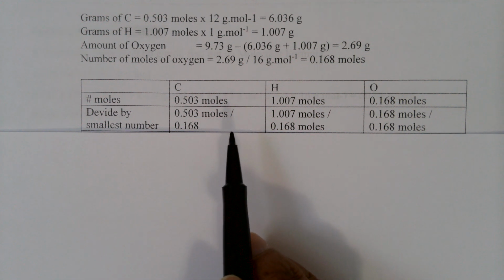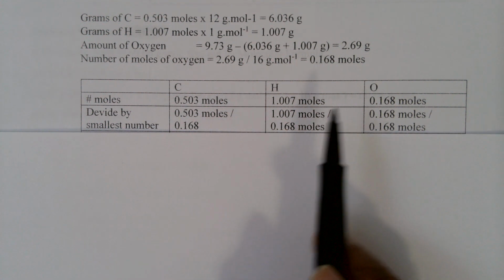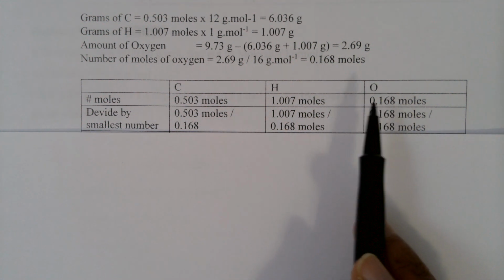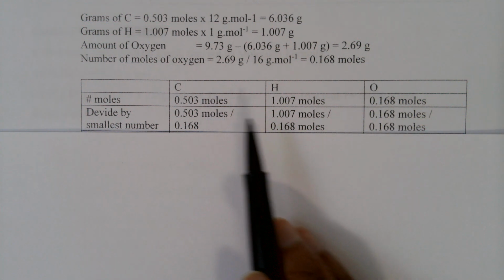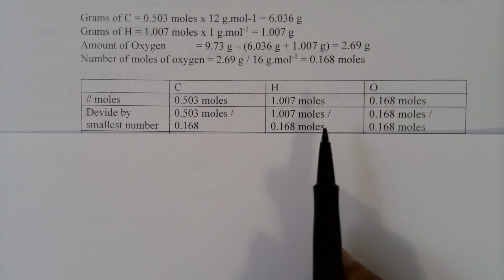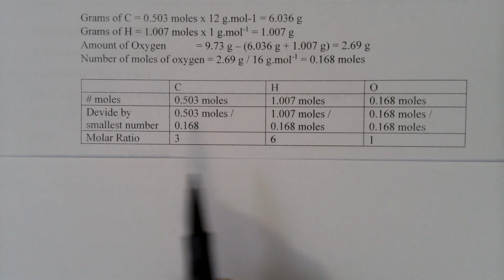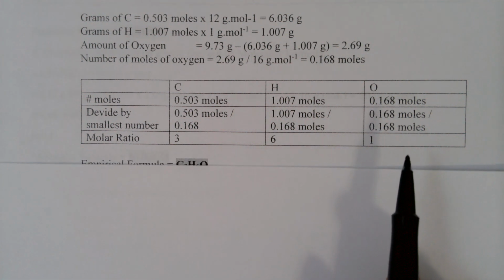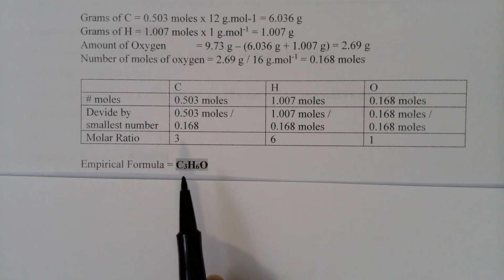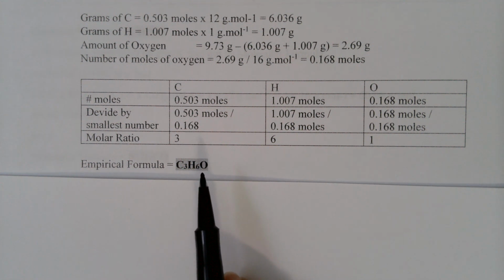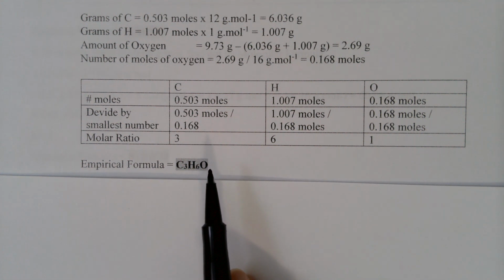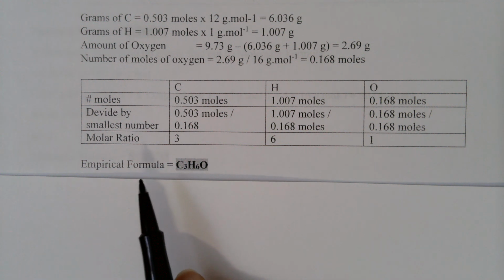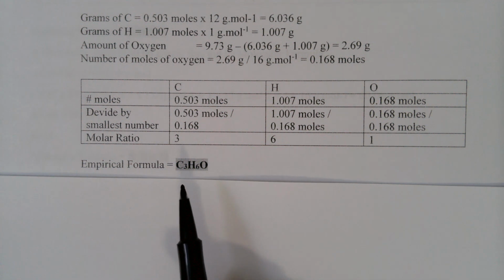The smallest is 0.168, so I divide all three by 0.168. Then we get the ratio 3:6:1. So the empirical formula should be C3, 3 carbon atoms, H6, 6 hydrogen atoms and 1 oxygen. C3H6O is our empirical formula.